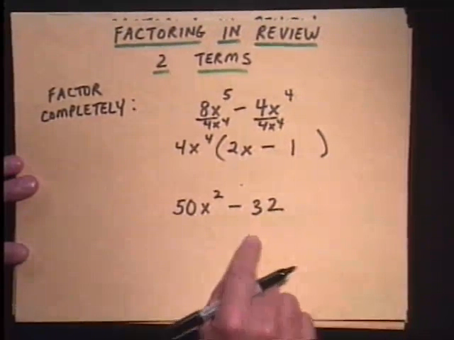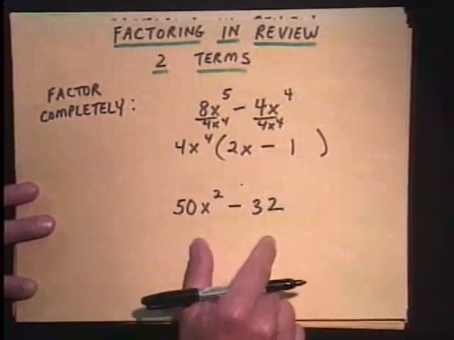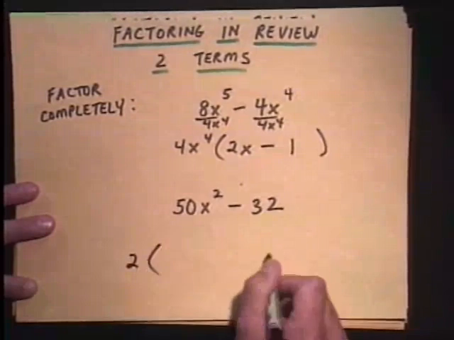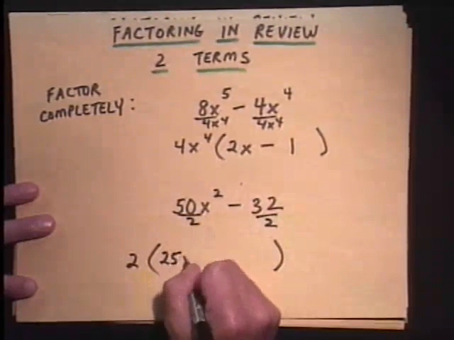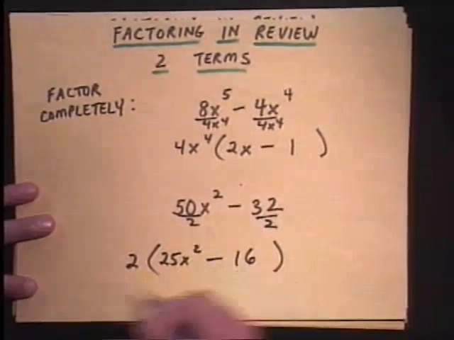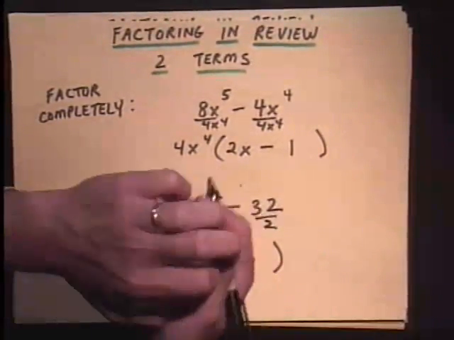On the second example here, another greatest common factor comes out. I could take a 2 out, not a lot, but watch what happens here. When I take the 2 out and write it right underneath each thing, I get 25x squared minus 16. So I'm done, right? Be careful.